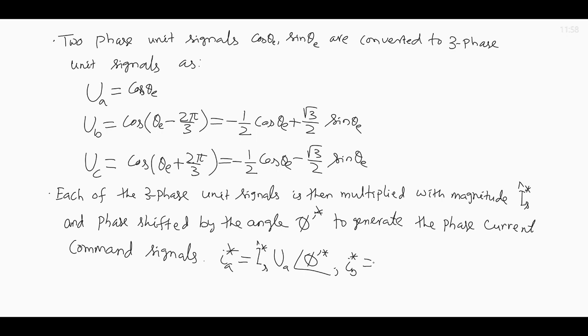IB star has magnitude Is star hat, UB, angle phi star dash, and the stator current command IC star is Is star hat into unit signal UC, angle also phi star dash.